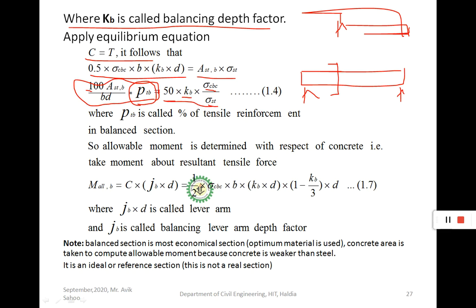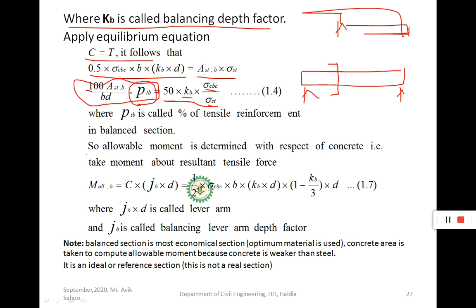When you design the member, these terms we frequently use, and from the percentage of tensile steel used in the balanced section we get the area of steel, how much steel is used in the cross section.